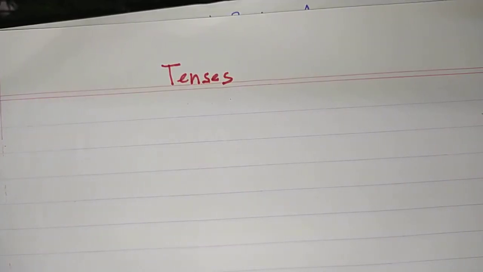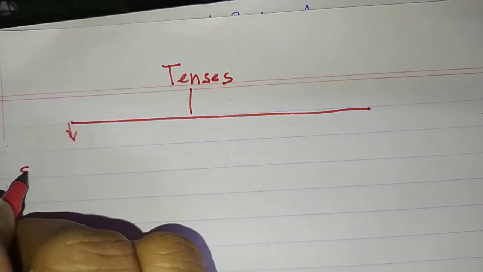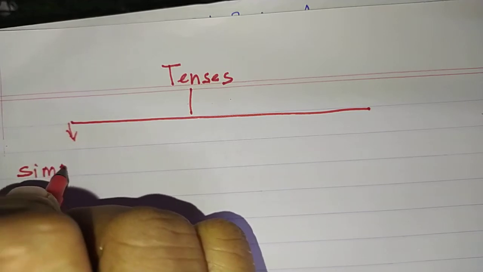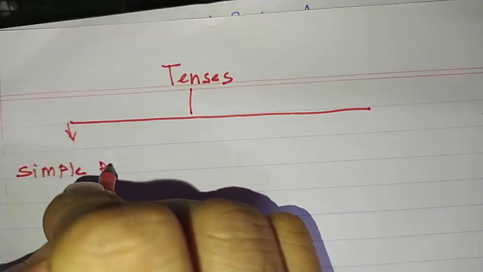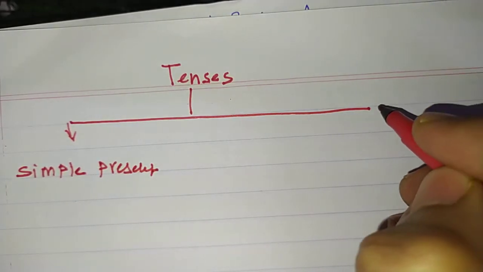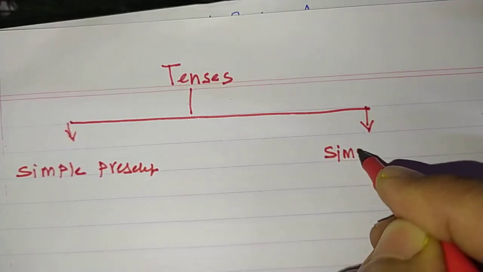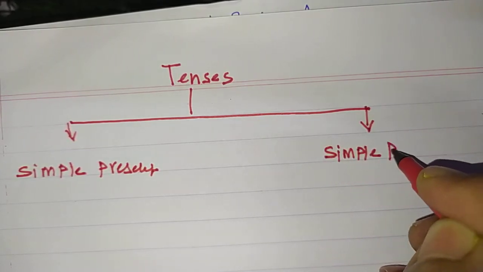After the introduction of tenses, now we will discuss two tenses, and these two are simple present and another is simple past.